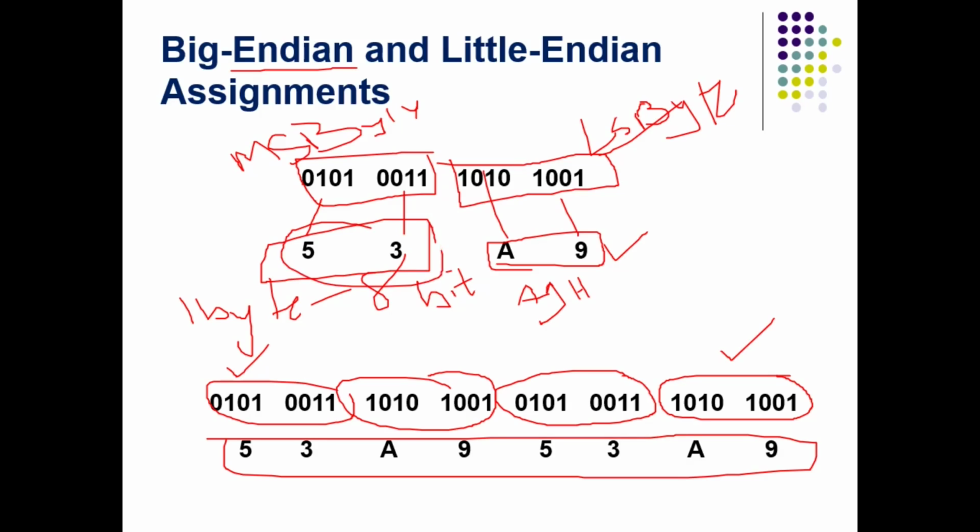This is 53H. Here I combine 2 digits to make 8 bit. A9H is 1 byte, 53H is one more byte, again A9H and again 53H. So what is the least significant byte here? A9. And what is the most significant byte? 53. So in every byte there will be 2 hexadecimal digits.